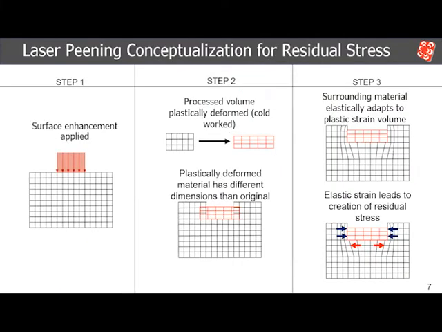Michael Katura's earlier presentation presented this conceptualization for residual stress, this elastic response of the material to our plastic strain. This is a great introduction as to how residual stress is formed. When we start to look at peen forming, it gets a little bit different.